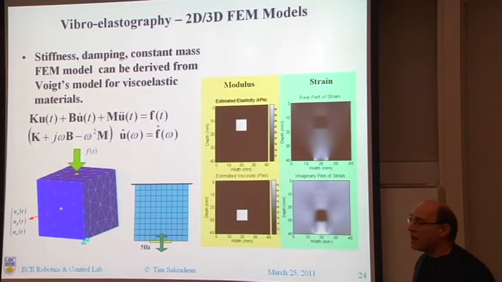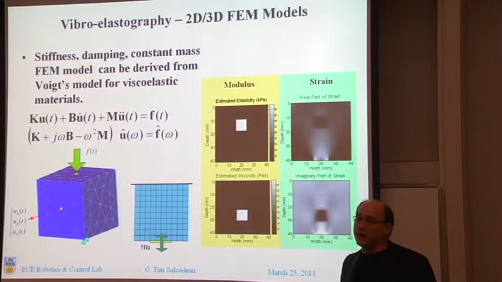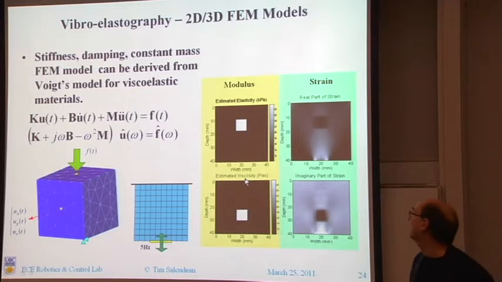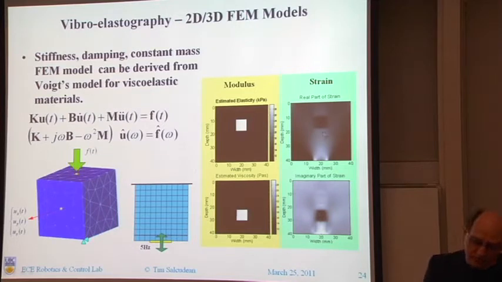Now, when you identify the parameters that are consistent with this model, the estimated elasticity and estimated viscosity come out to be perfect, as opposed to the strain, which has all sorts of artifacts.